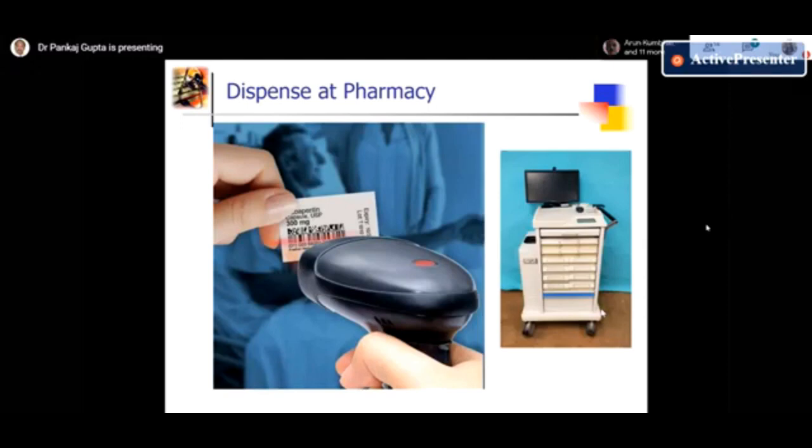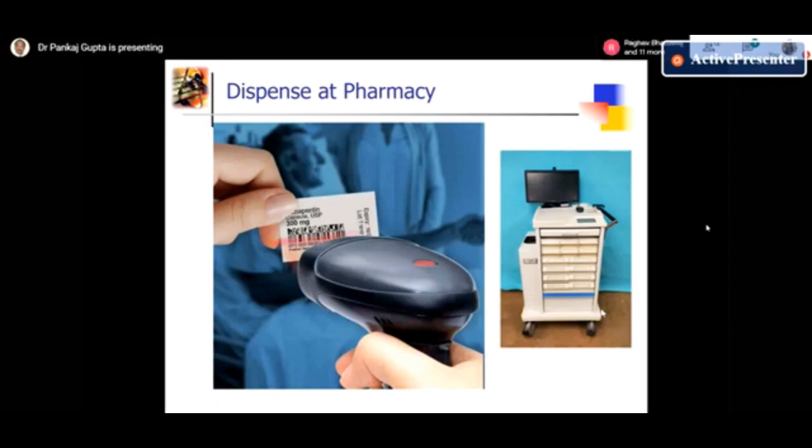This cart is hooked to the same system, a computer on wheels, which knows which part of the cart is to go to which nursing station. It's completely labeled and numbered.